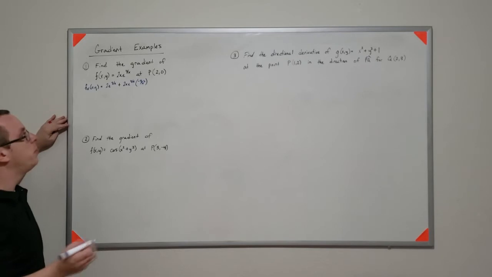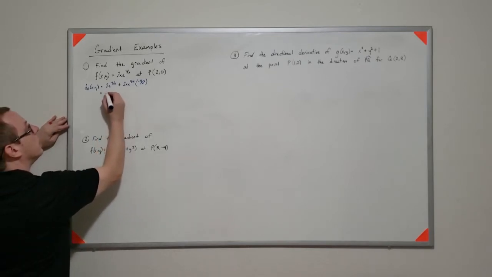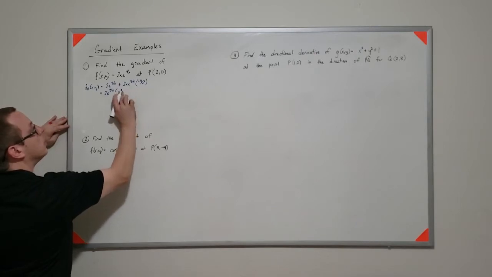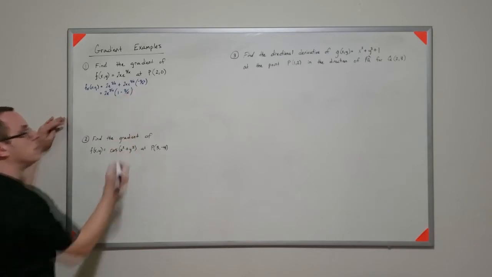We can do a little bit of algebra here to simplify that to get 2e to the y over x times 1 minus y over x, like that.